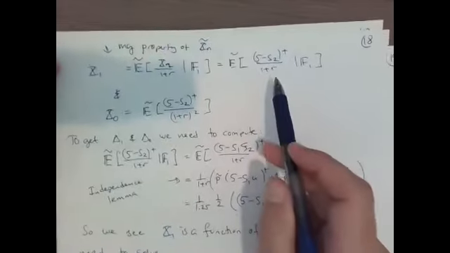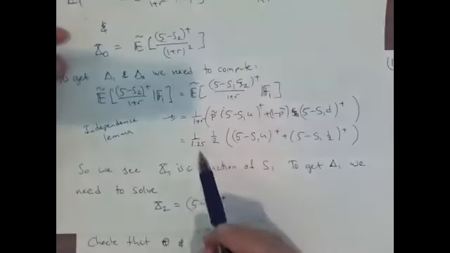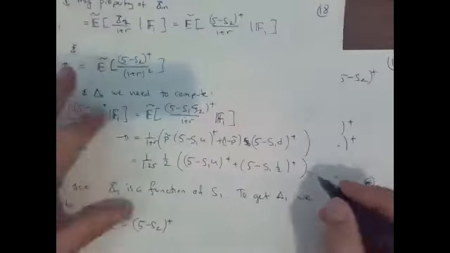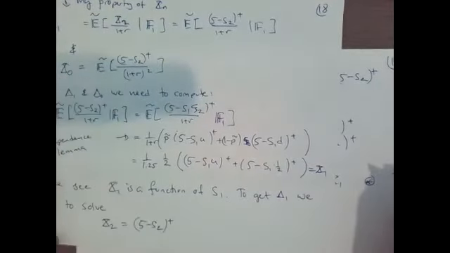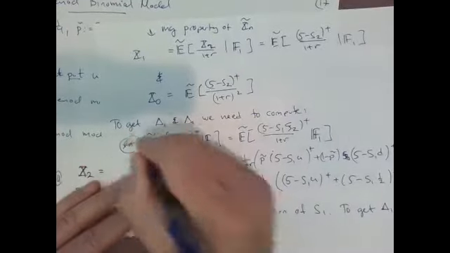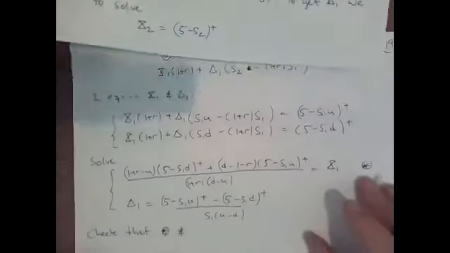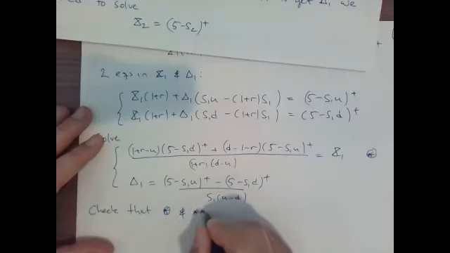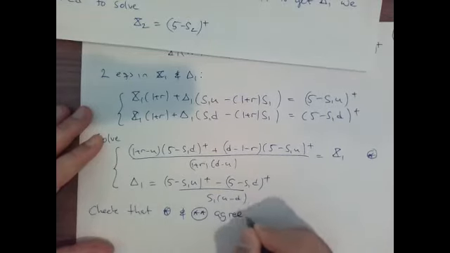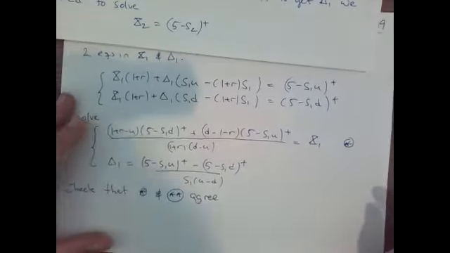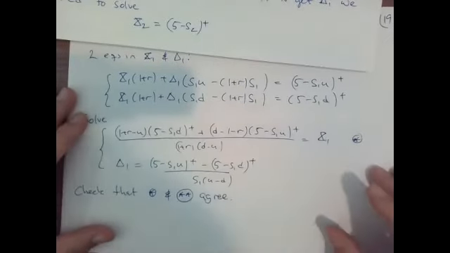It's here, right? We also had this formula for x1, this conditional expectation. That was the one we worked out here. This here is also x1. So let's call this double star. We should check that star and double star agree. And they do.